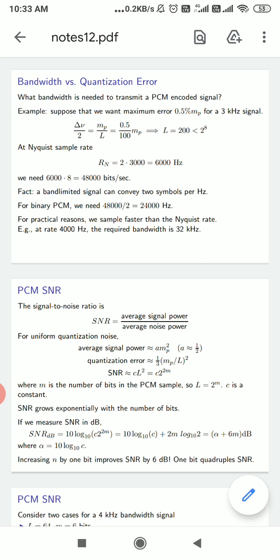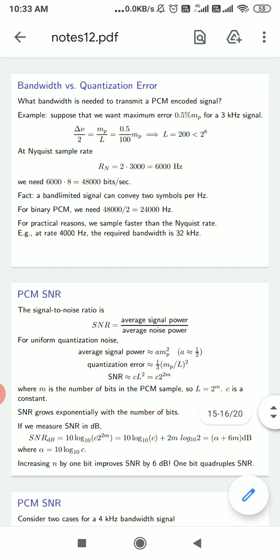V into Fs gives the signaling rate, not the sampling rate. We have the formula R equal to V into Fs. V is 8, and Fs, which we are taking here as Rn, is the sampling frequency. So 6000 into 8, that is V into Fs, will be R, the signaling rate.